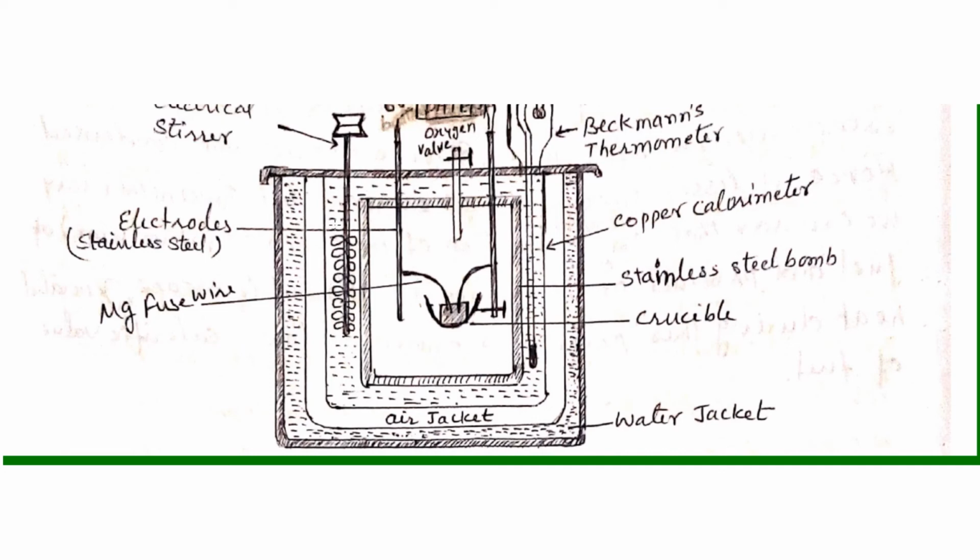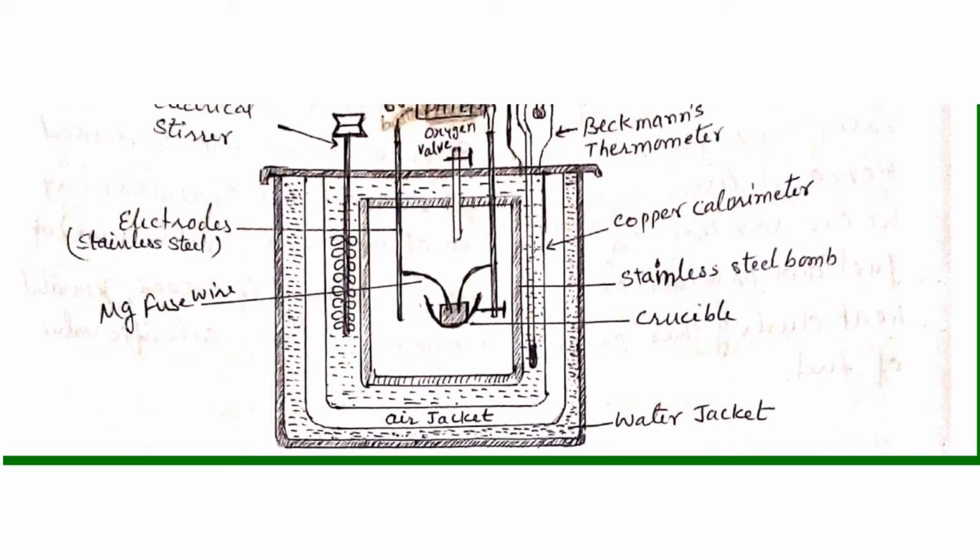Whatever water is filled is fixed in quantity, and the quantity is written on the calorimeter. When we burn a fuel, either solid or non-volatile liquid, heat is generated, and that heat warms the bomb, and the water absorbs that heat.